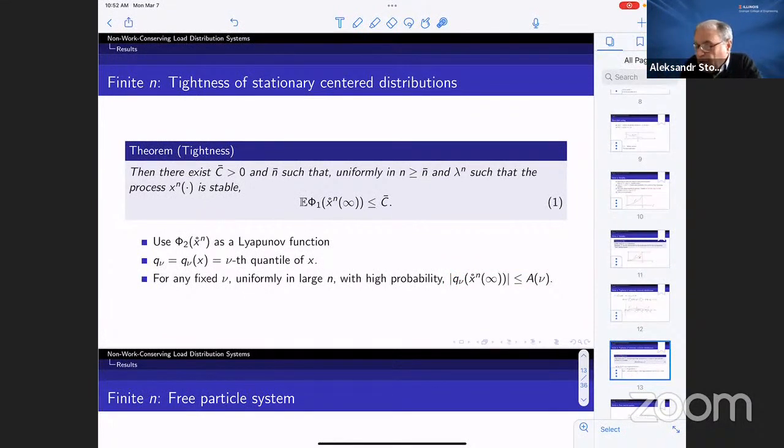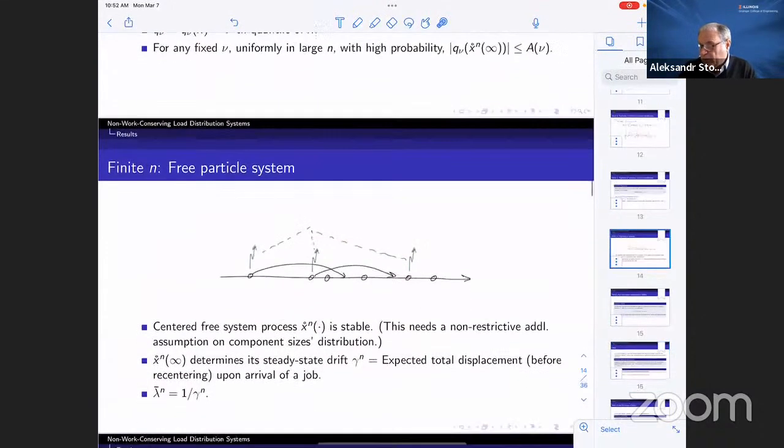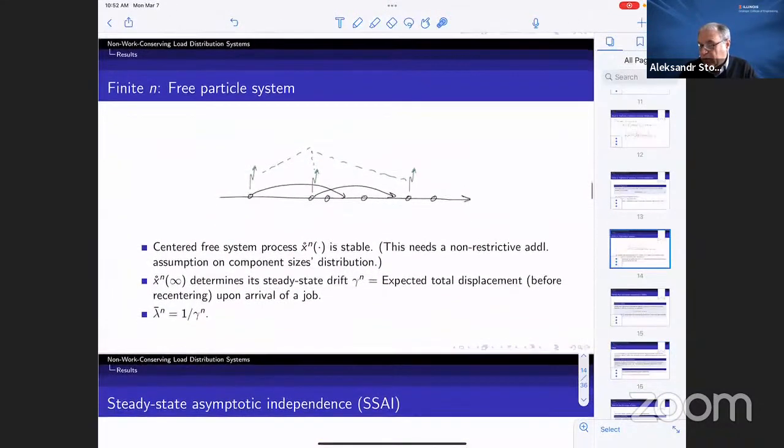In words, this tightness property means that the particles, regardless of load or anything else, stay close together. Formally, the distribution in the space of those empirical distributions is tight. This is very useful, as we will see later.